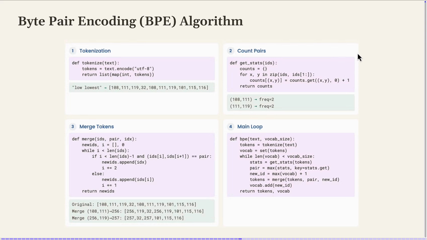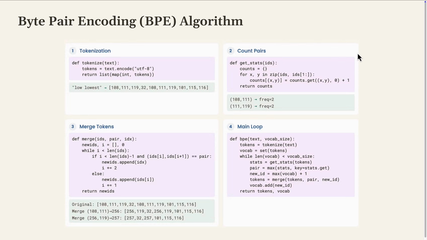If we make this merge, we then have 256 and 119, which is repeated also, in a second iteration. So I will replace this one and this one by 257 and 257. This is the merge. For every pair of tokens, it will do the merge with the new ID.